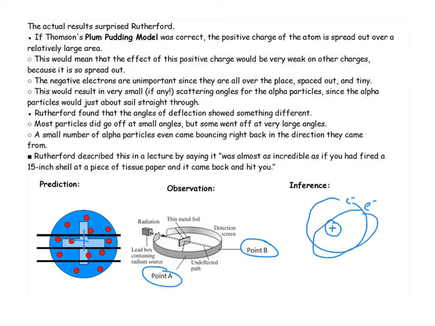But that positive charge was very dense and concentrated in the middle. Most of the atom was empty space. That was supported by this idea that most of these alpha particles went straight through. But there was a region of very dense positive charge, and that is why these alpha particles deflected.